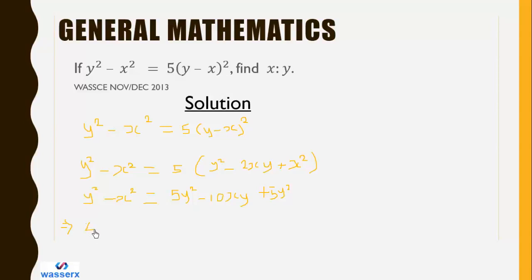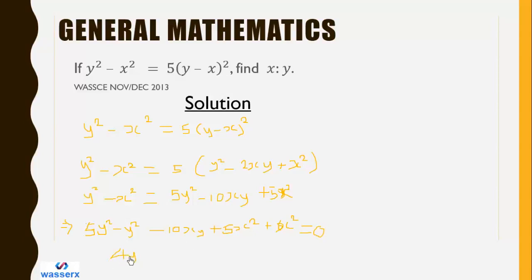So let's group like terms. We have 5y squared minus y squared. Then we have minus 10xy, then plus 5x squared plus x squared, all equal to 0.